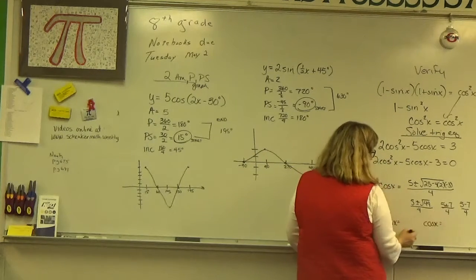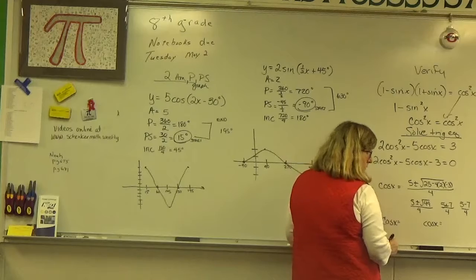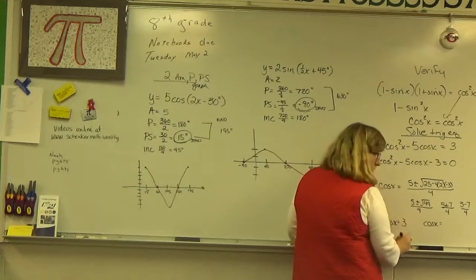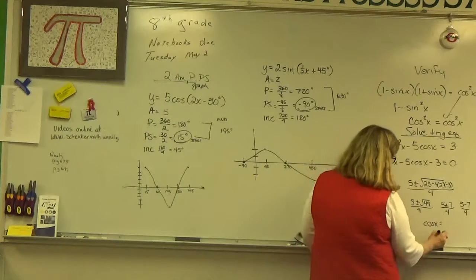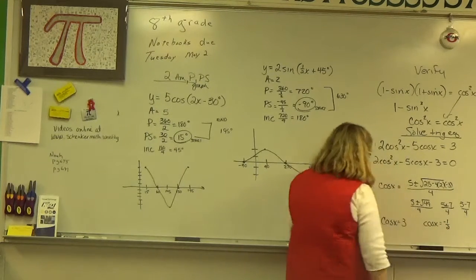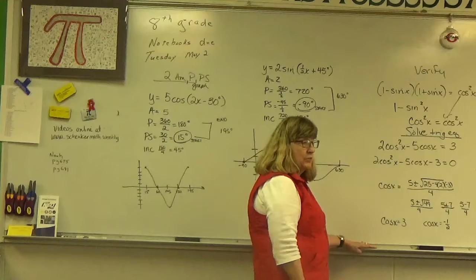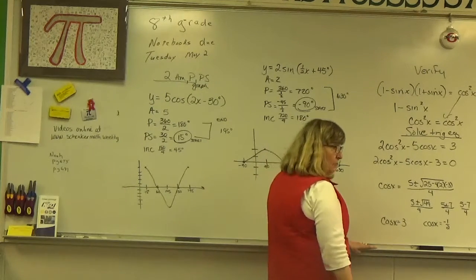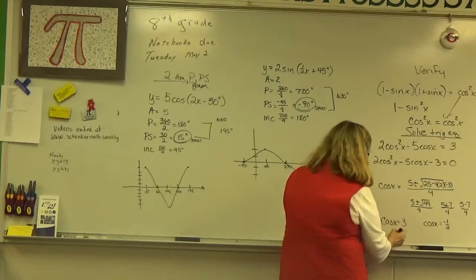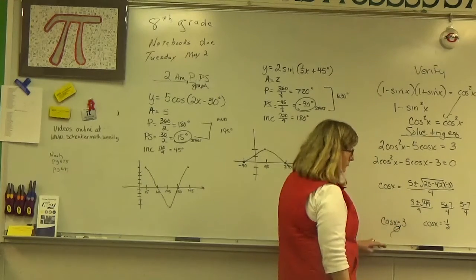So 5 plus 7 is 12. 12 divided by 4 is 3. 5 minus 7 is negative 2, divided by 4 is negative 1/2. Now, what's the reference angle for where cosine is 3? It doesn't exist, because remember cosine and sine have to be between 1 and negative 1. So this one there's no answer.